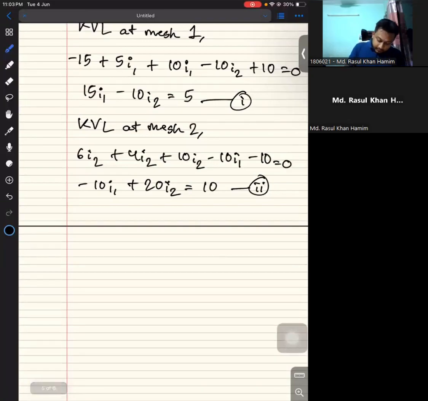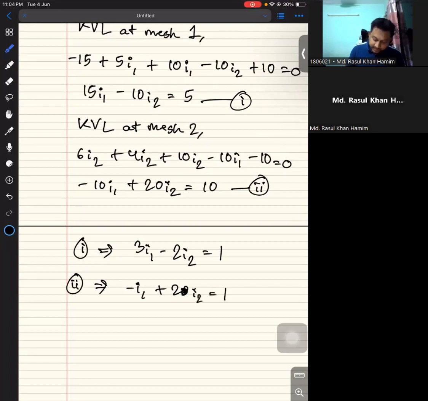We can simplify equation 1 as 3I1 minus 2I2 equals 1. Then we can simplify equation 2 as minus I1 plus 2I2 equals 1. Now we can solve these two simplified equations, equation 3 and equation 4.